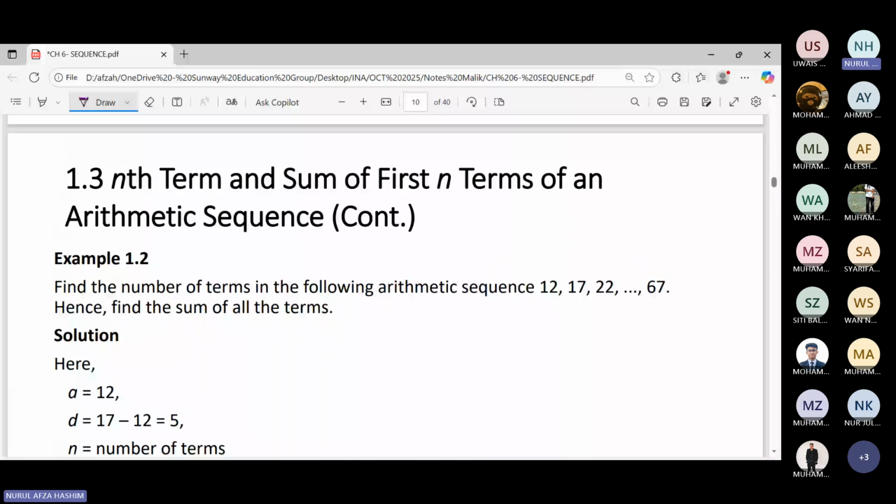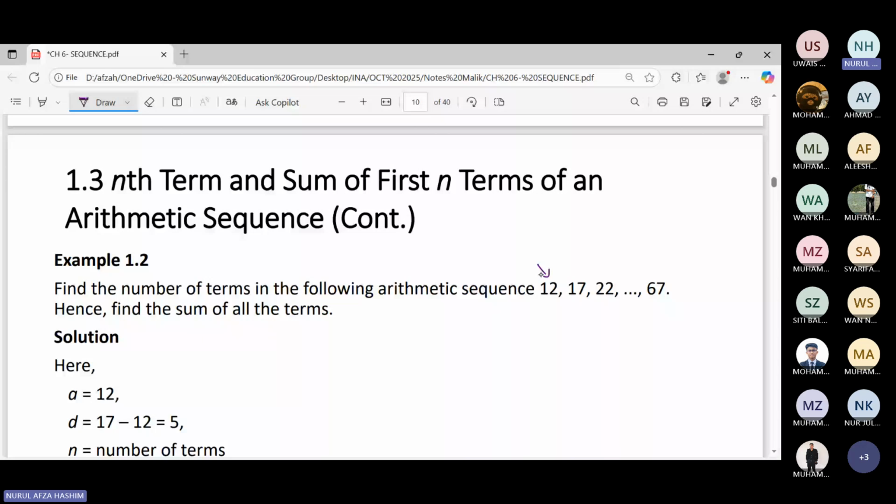So if you have this one, this is your first term, this is your last term. They're asking you find the sum of all the term. Find the numbers of the term. They're asking you find the n and find the Sn.